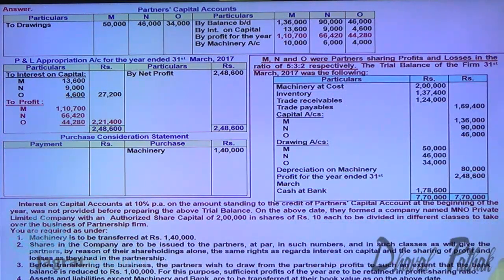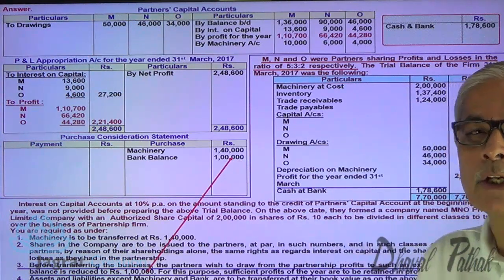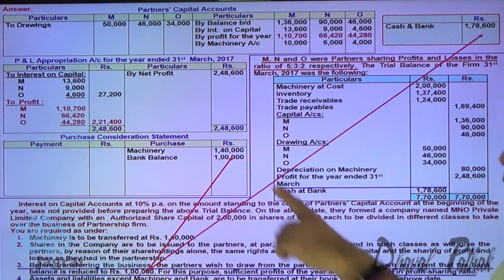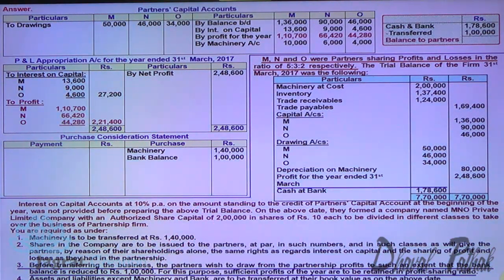Now, as I told you, bank balance is 1,78,600. Out of that, bank balance kept in the business for transfer is 1 lakh. So bank balance transferred to the new company is 1 lakh. So the new company purchased the bank balance of 1 lakh. The remaining bank balance 78,600 will be available to the partners at the end.